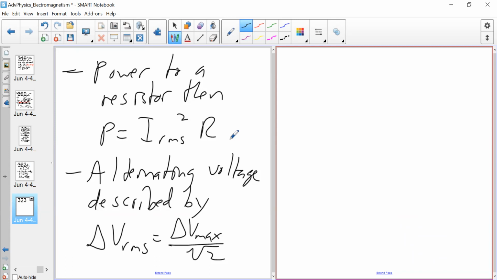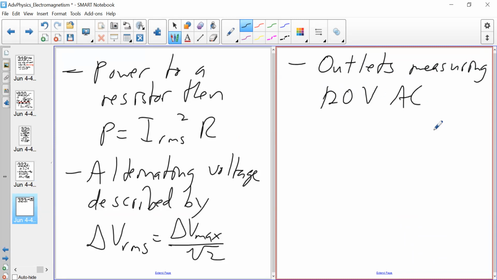Like I was saying about the outlets, it gives you more appreciation of what's going on around you. You look at your power outlet and you have a better appreciation: oh, 120 volts AC, that's RMS voltage, not the real maximum. So outlets measuring 120 volts AC, that delta V, is an RMS voltage.